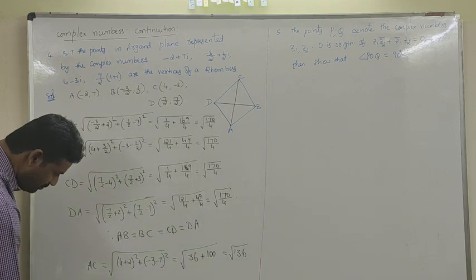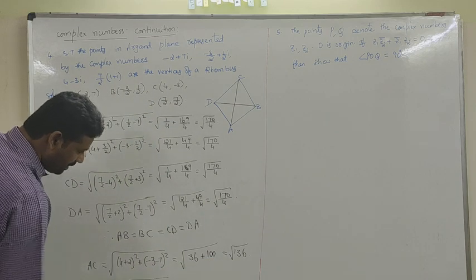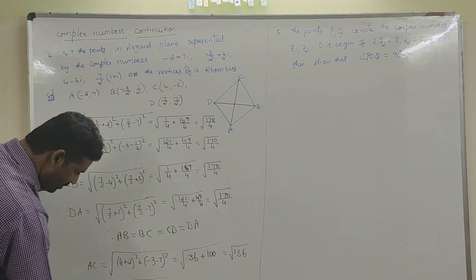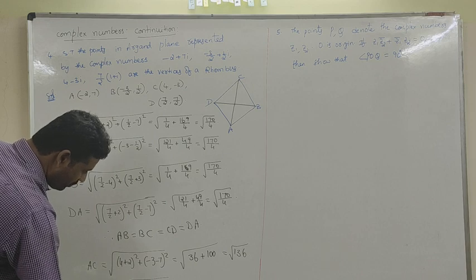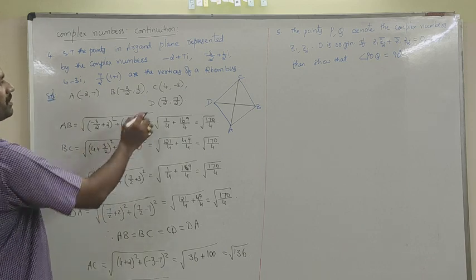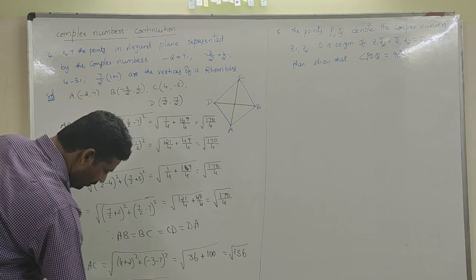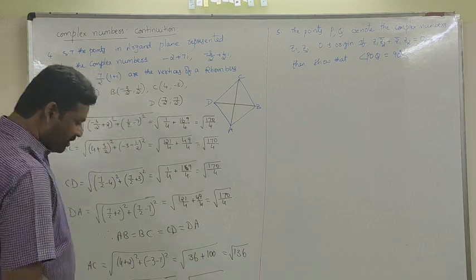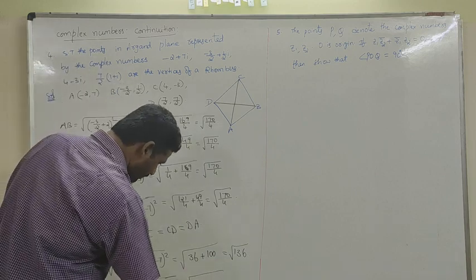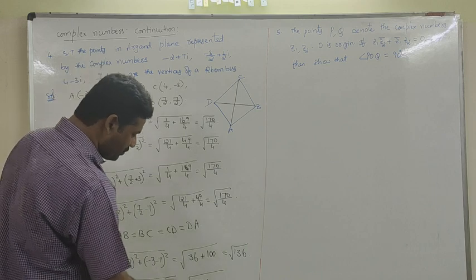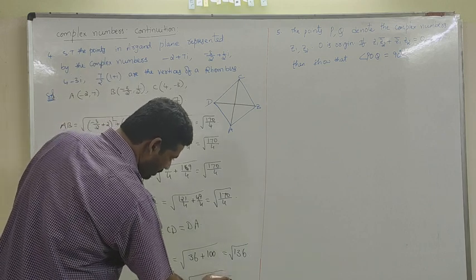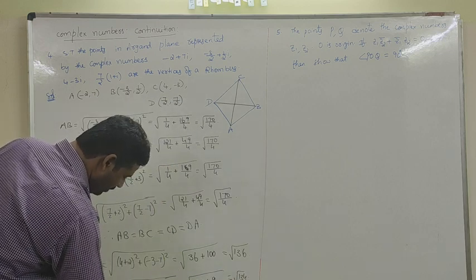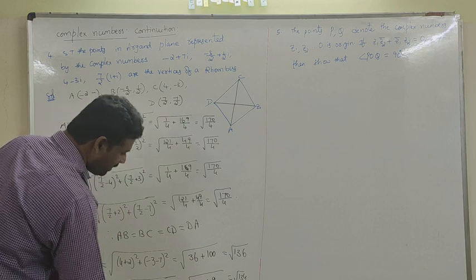And what is BD? BD equals the square root of (7/2 + 3/2)² + (7/2 - 1/2)², that equals the square root of 5², which is 25, plus 3², which is 9, that equals the square root of 34. AC is not equal to BD, so the diagonals are not equal.